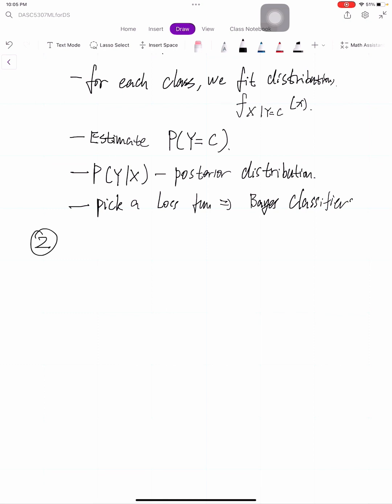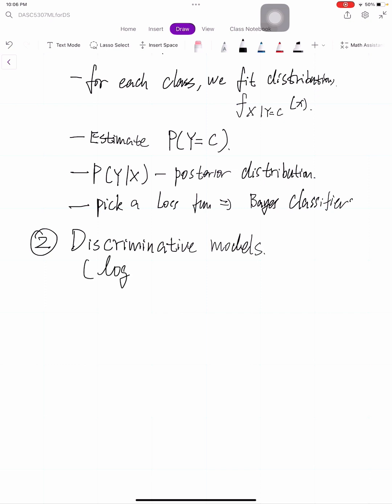Okay, so the second way to build the classifier is based on the discriminative models. We can directly solve for the conditional probability of y given x. We assume it follows some distribution.